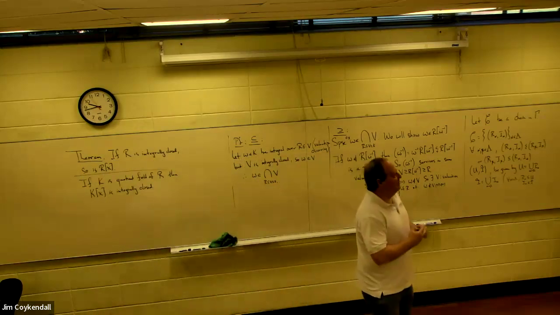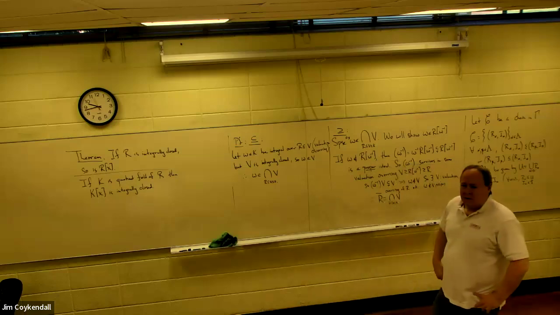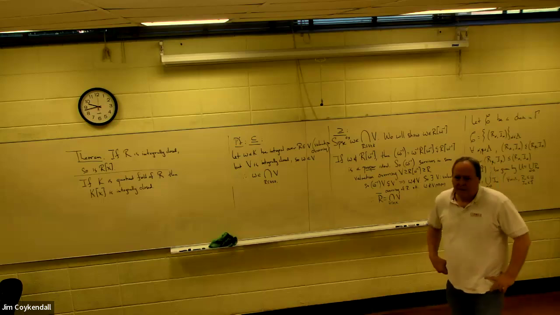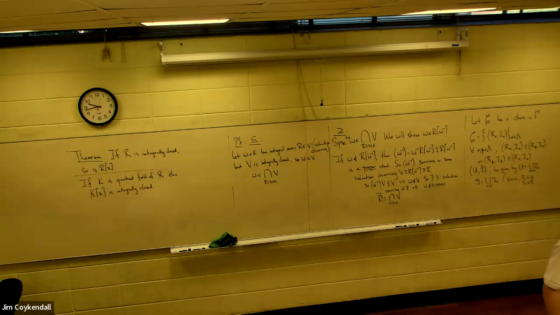Why is K[x] integrally closed? Don't look for anything too fancy. If K is a field, what kind of ring structure does K[x] have?